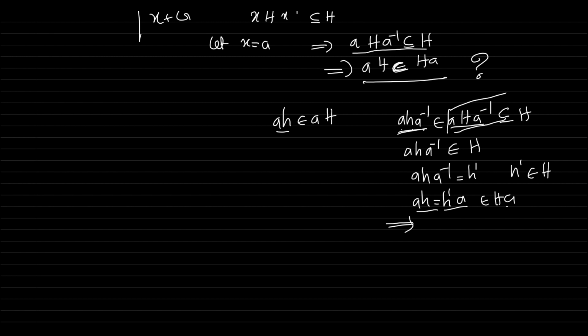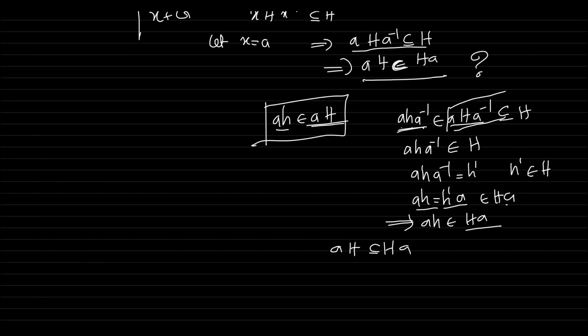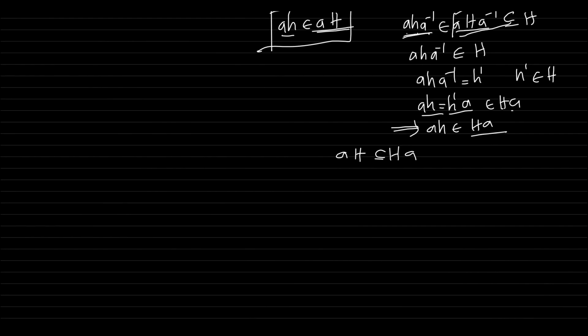So this implies that ah belongs to Ha, which means any element ah in this left coset aH belongs to the right coset Ha. So aH is contained in Ha, and here we need to prove Ha is contained in aH. If we prove it, then we can say that these two cosets are equal.